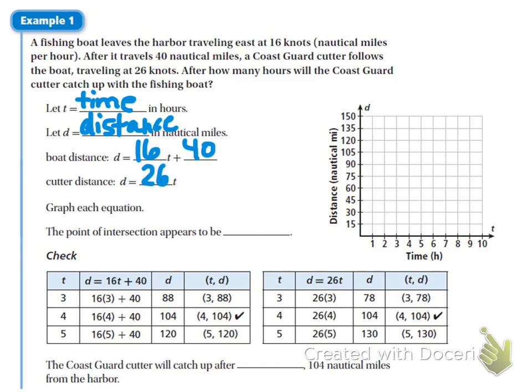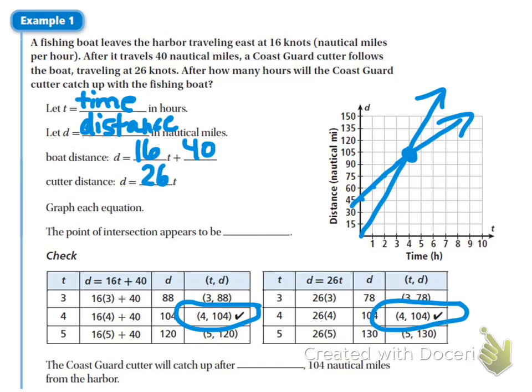And if I graph this, I have the fishing boat and then I have the Coast Guard cutter, and they should be crossing at 104 distance, about right there.